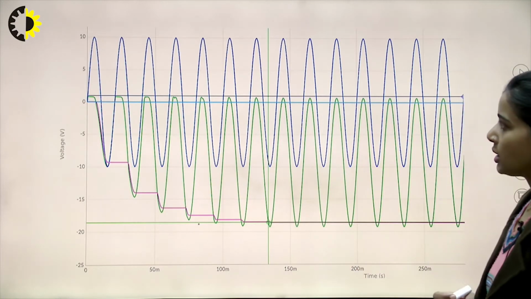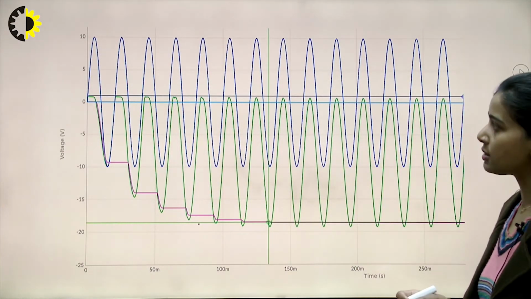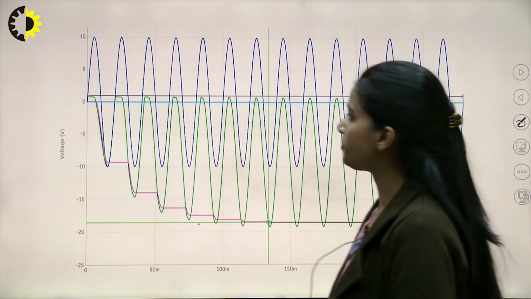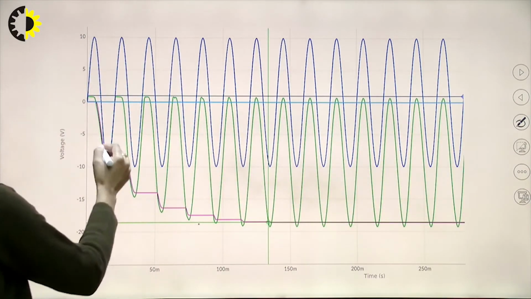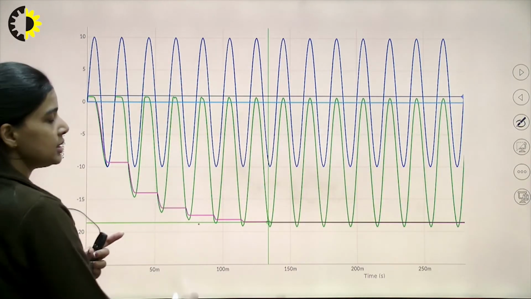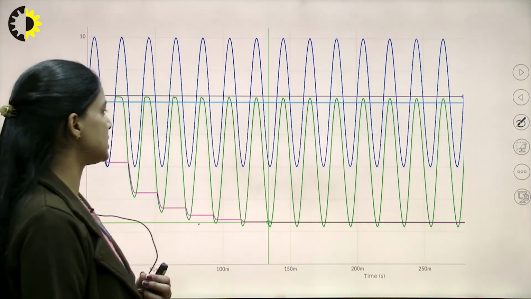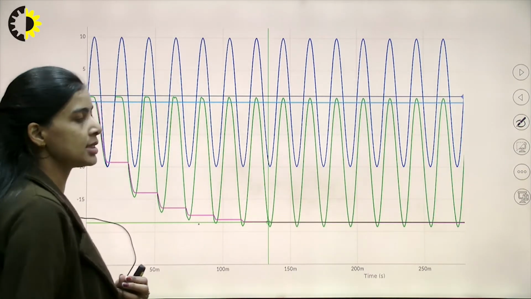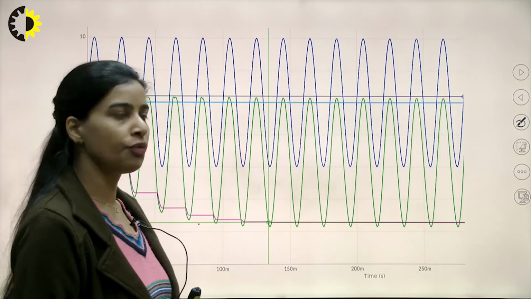This is the graph in which the blue one is representing the input signal, the pink line is showing the filtered DC output, and the green one is the actual DC output without filtering.